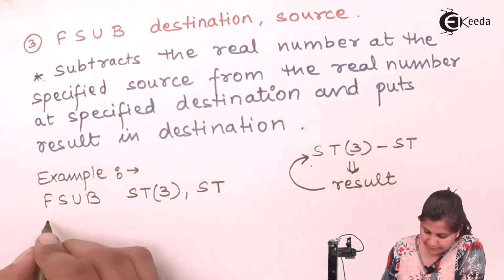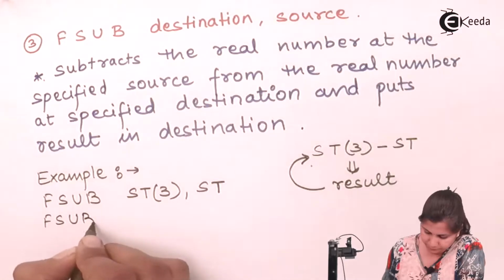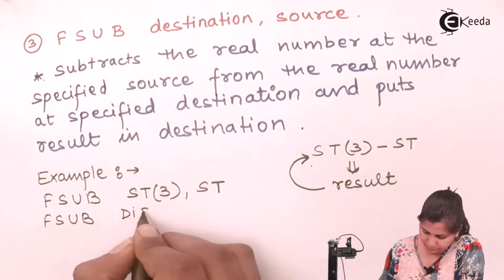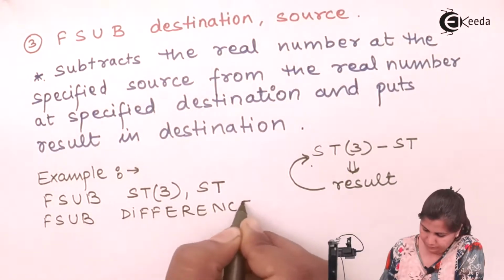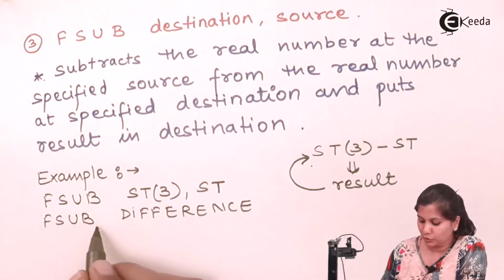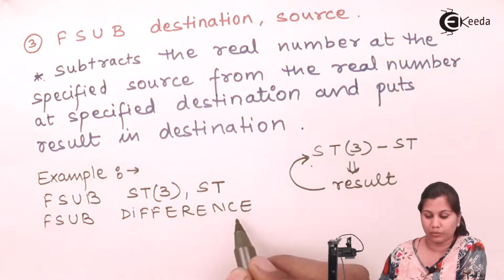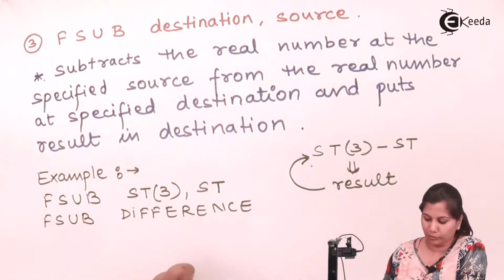Another example is if FSUB difference is written. Okay, difference can be any memory location.